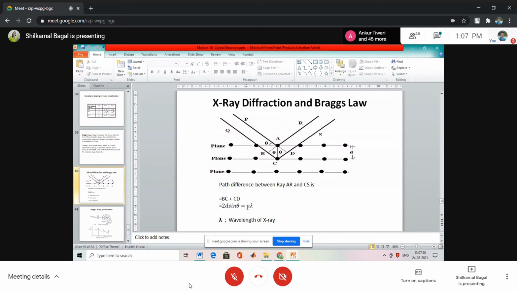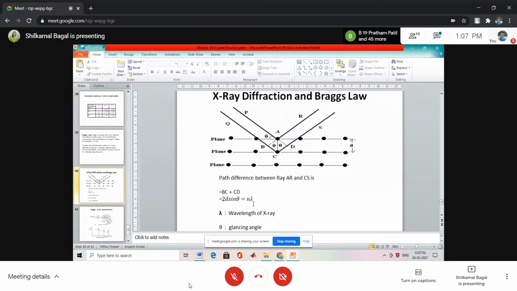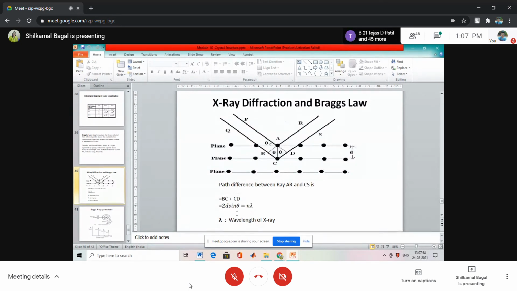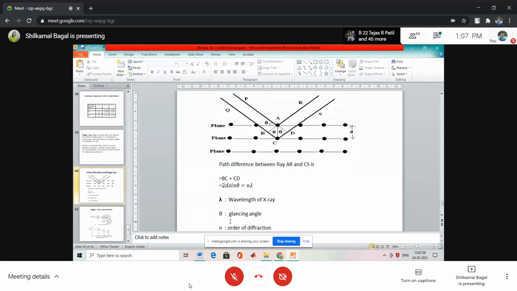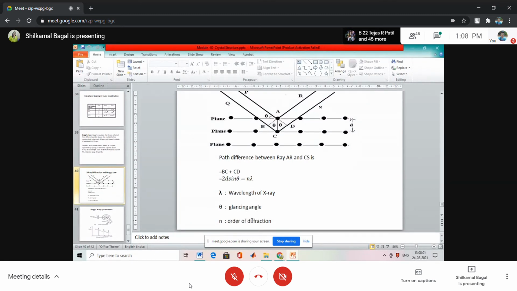If n is the integer and lambda is the wavelength of X-rays, then for constructive interference, reinforcement, this path difference must be n lambda, and this condition is known as Bragg's law. Mathematically, Bragg's law is given by this equation, 2d sin theta is equal to n lambda, where lambda is the wavelength of X-rays, theta is the glancing angle, n is the order of diffraction.